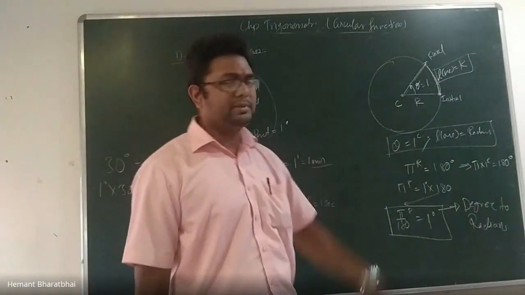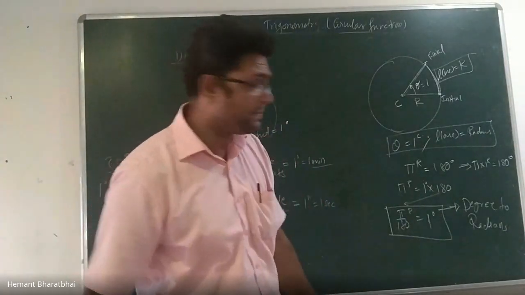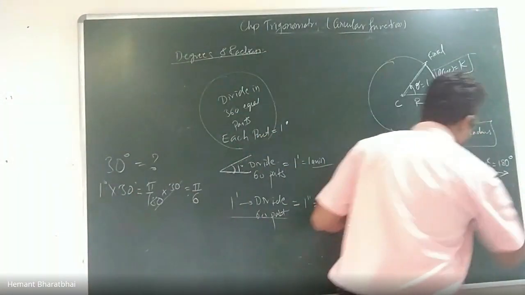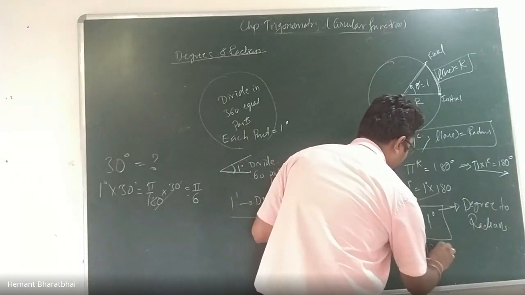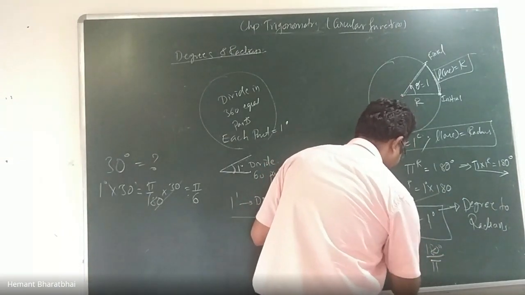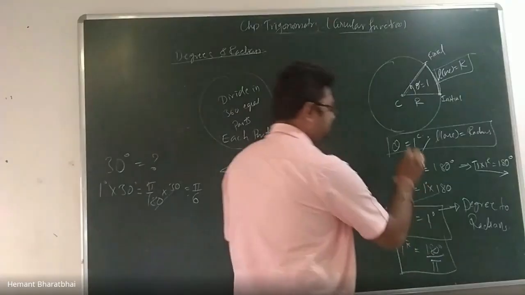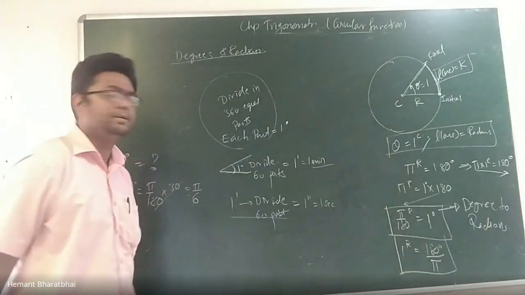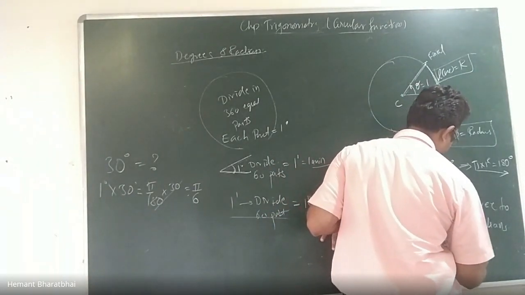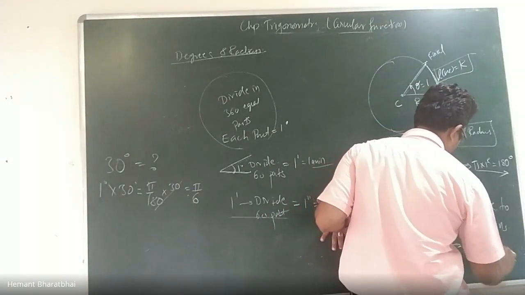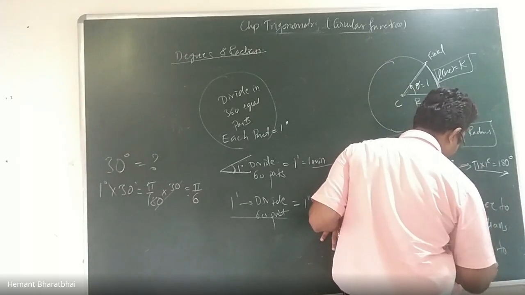Pi radian can also be written as pi into 1 radian, right? So this pi goes over here, and I can write 1 radian is equal to 180 degrees divided by pi. So this is the reverse one, radians to degrees.